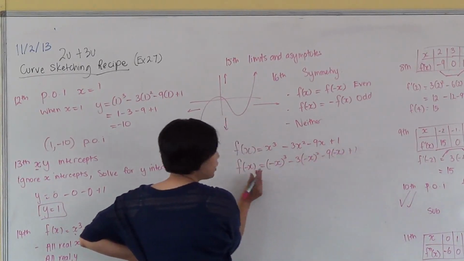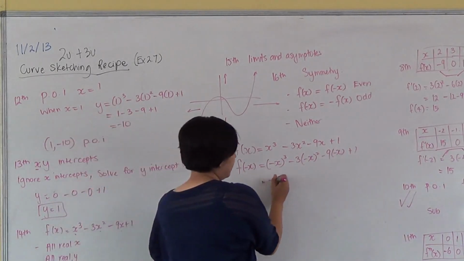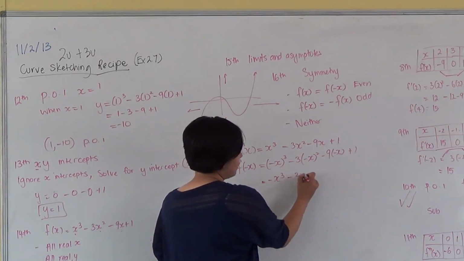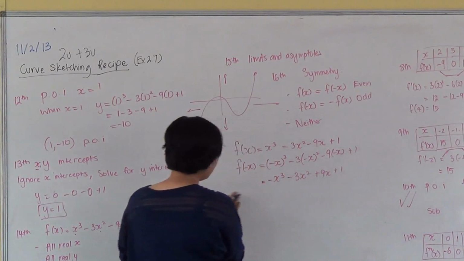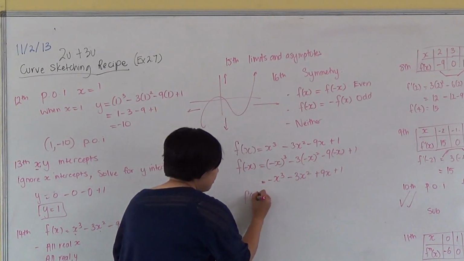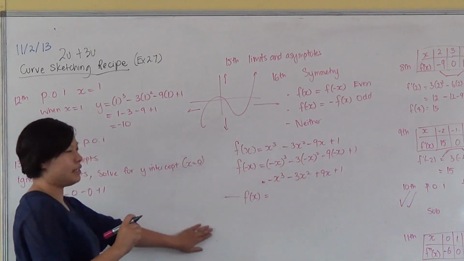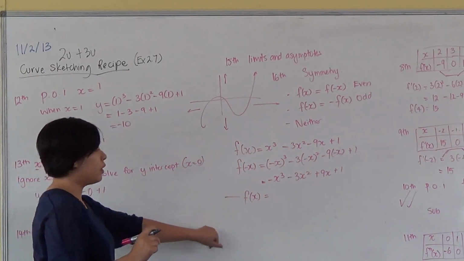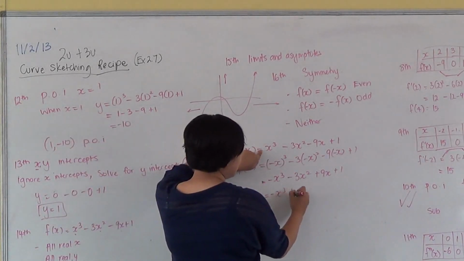I'm substituting every value of x for negative x, and I get negative x cubed minus 3x squared plus 9x plus 1. Now I'm going to have the original function, but make it negative, so I'm going to times it by negative 1. It's pretty much just changing all the signs.